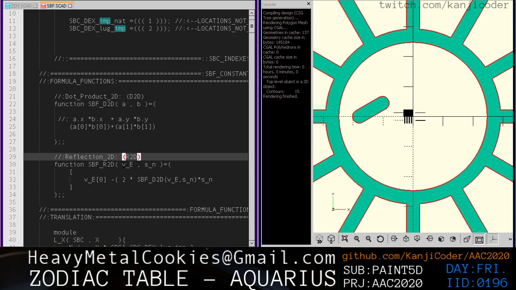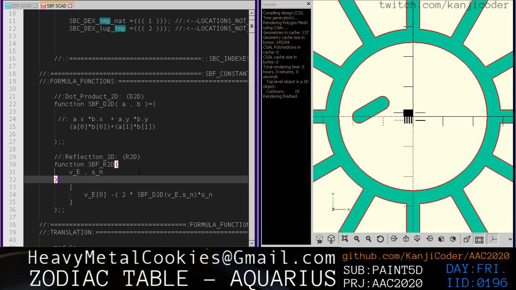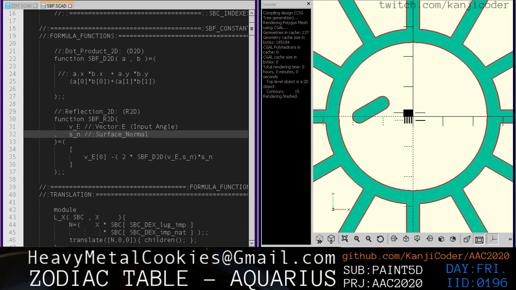Right, and now we might want to break this apart, right? So break this apart a little bit so that we can read it a little bit better. So vector E, input angle, and then SN, surface normal, right? Vector E, surface normal. And this is the formula, right?